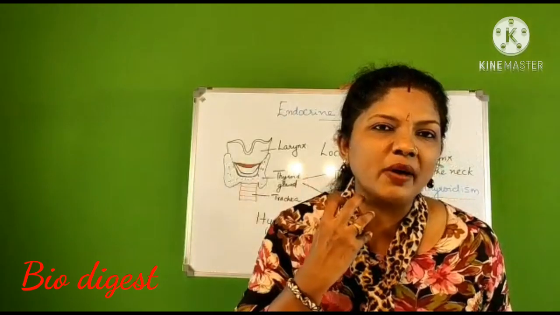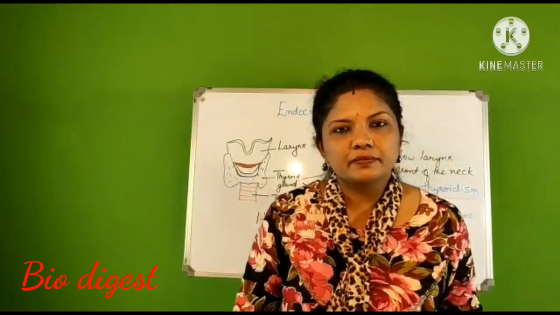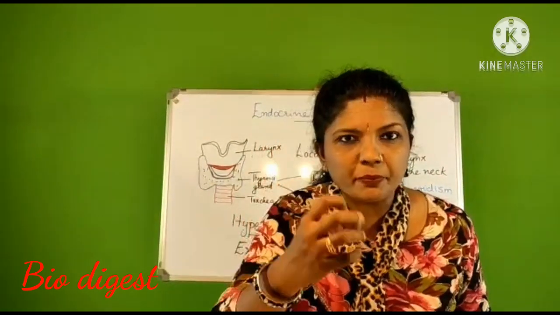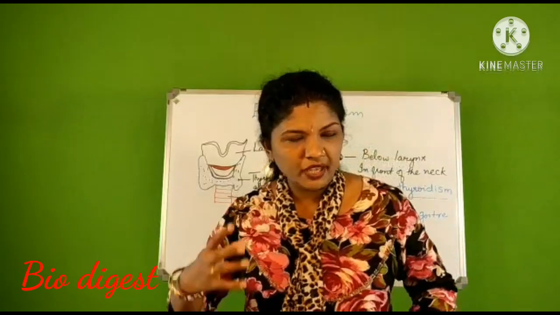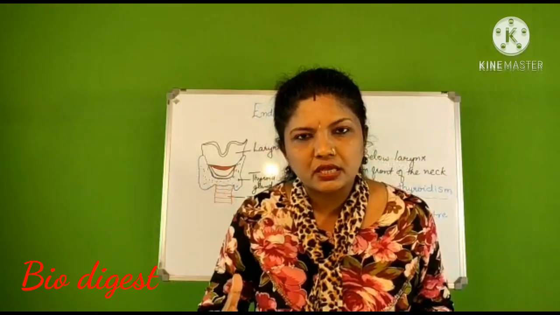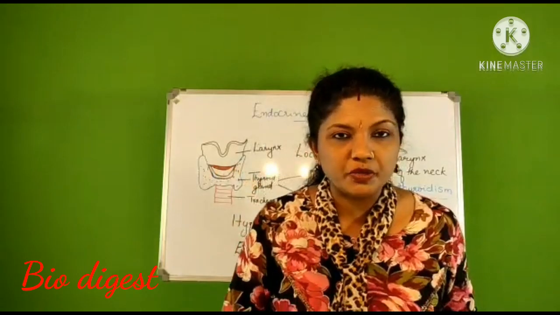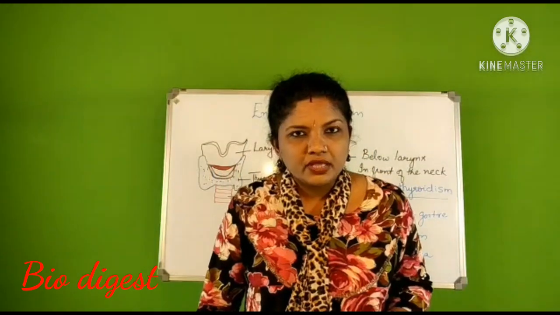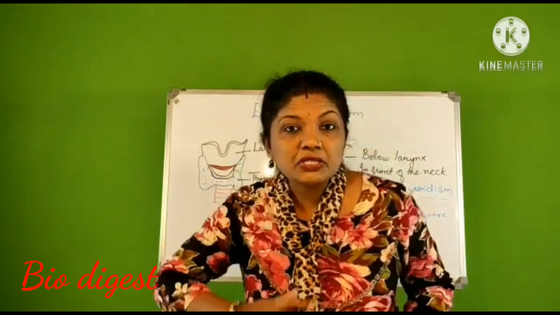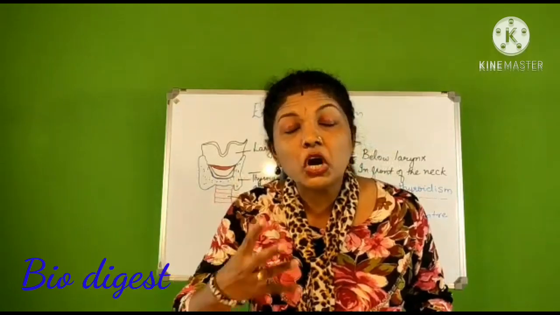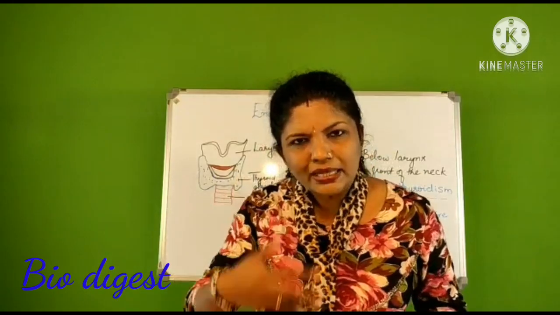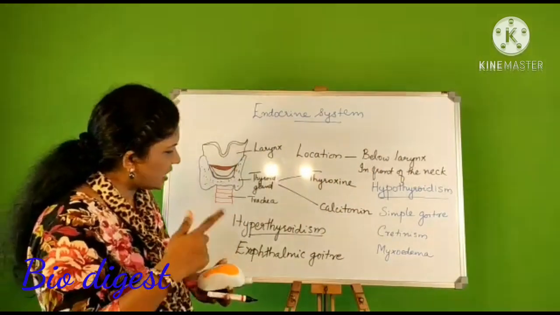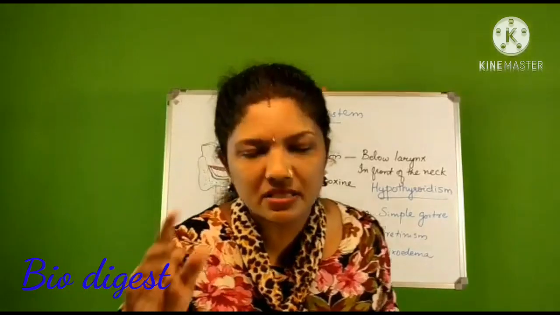Again, there will be swelling found in the front part of the neck, increased heart rate, and the eyes will be protruded out. You will be able to find this type of persons. You can easily identify such persons because their eyes will be protruded out. Then shortness of breath, because heart rate is increased. All these are the symptoms of exophthalmic goitre, which results because of hyperthyroidism.